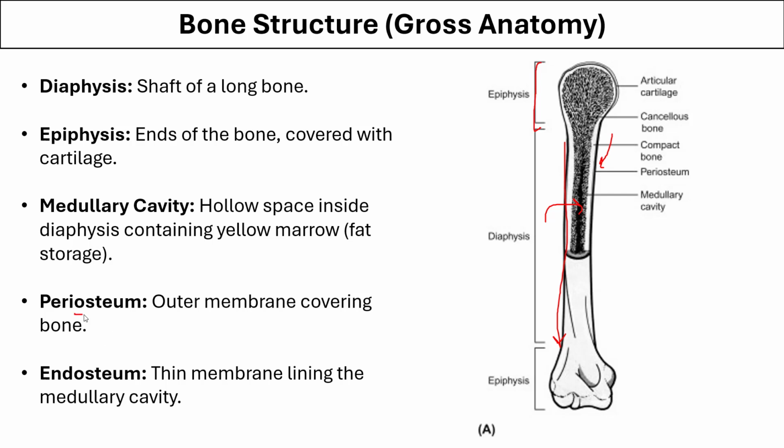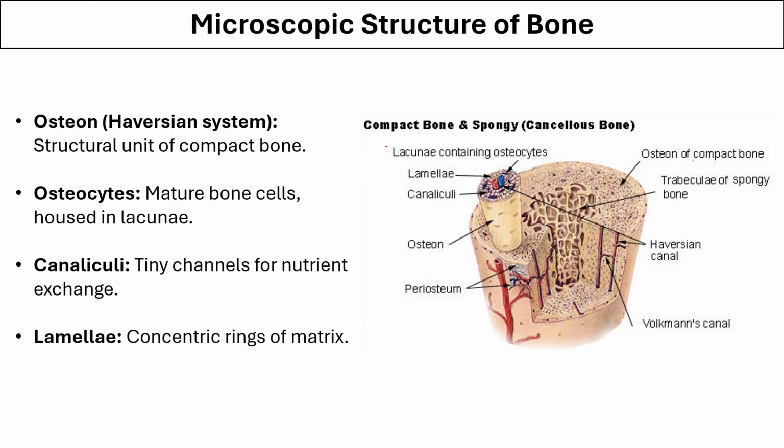Osteo is related to bone, like osteocyte and osteons. Periosteum is the covering of bone, and endosteum is the inner layer that lines the medullary cavity. Bone tissue is made up of repeated units of osteon.